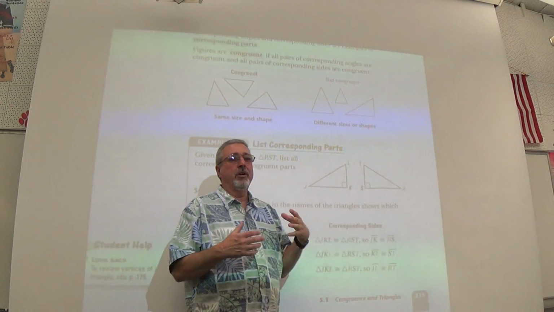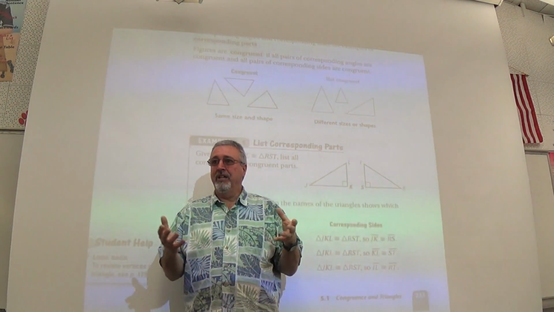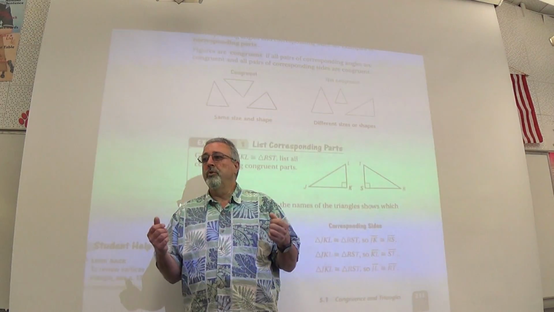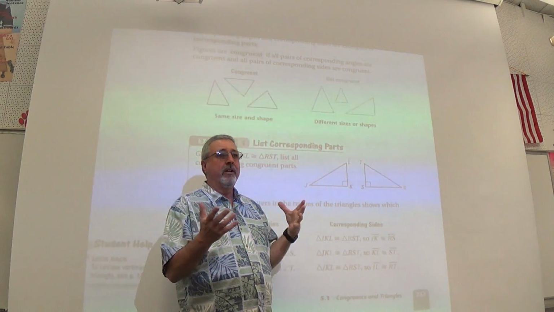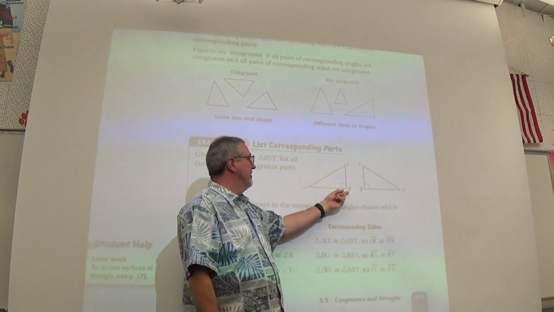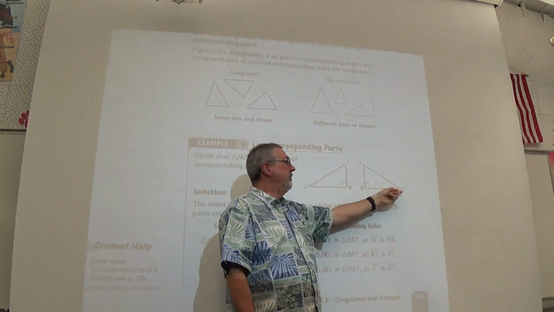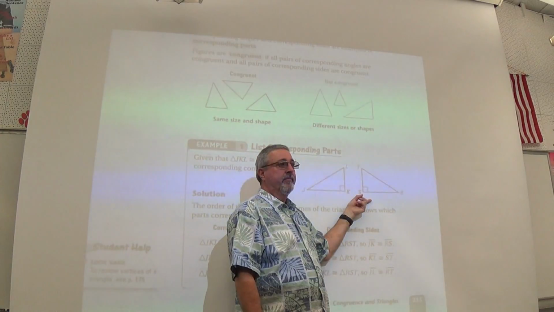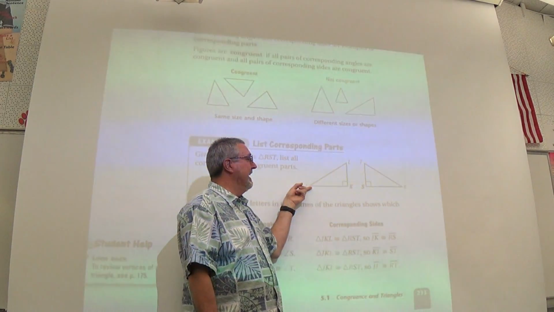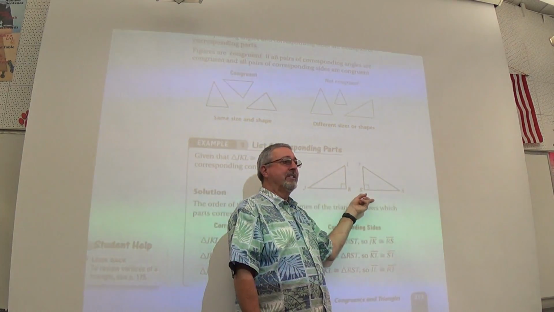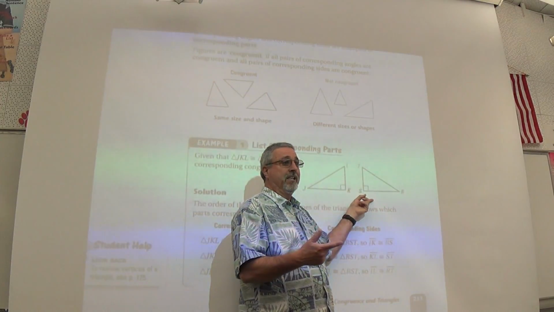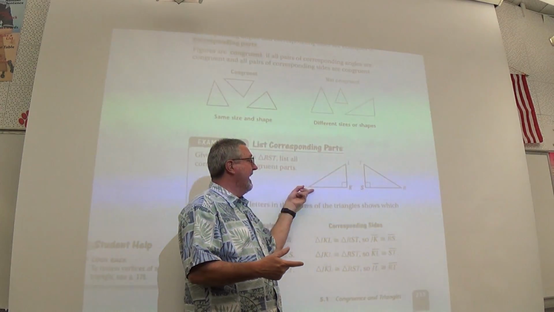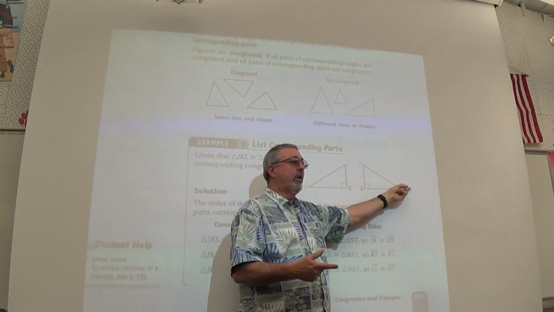But when you're listing congruent parts, you could not do this. They don't want you to list this as KJ congruent to RS. That would not be correct. KJ is not congruent to RS, even though they are both the same length. KJ would be congruent to SR.